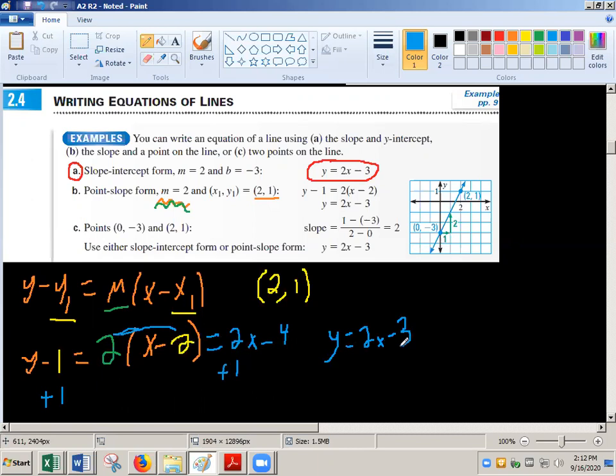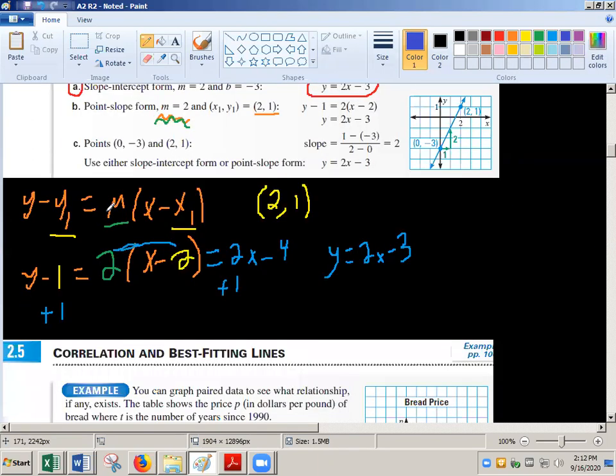For the last one here, if we're given 2 points, the only additional thing that we're doing is that we're going to take this and generate a slope based on the 2 points. And we do that using our slope formula. So again, we're going to do x1 minus x2 on the bottom, y1 minus y2 on the top, and then we're going to find out the slope for this thing.